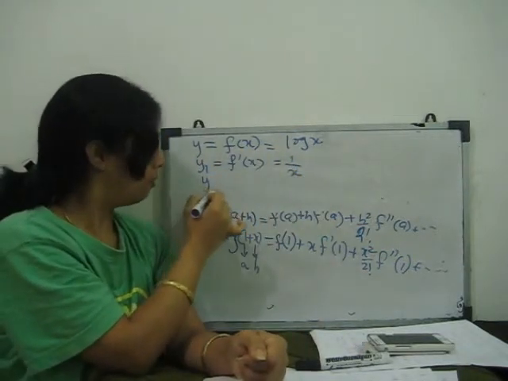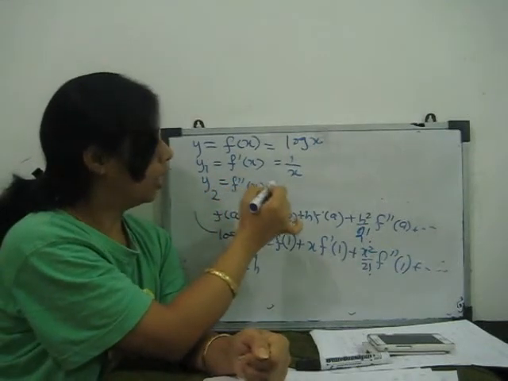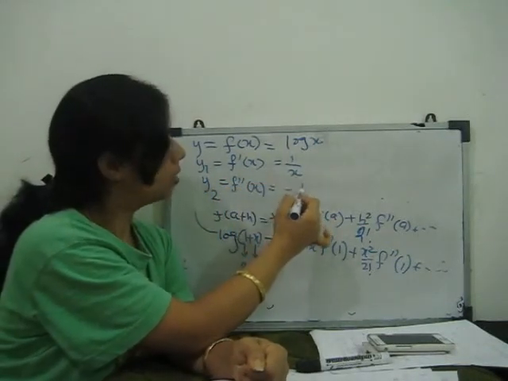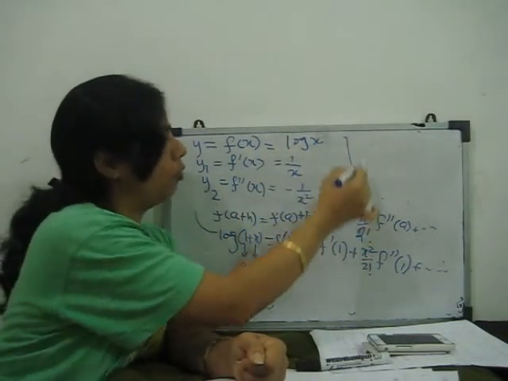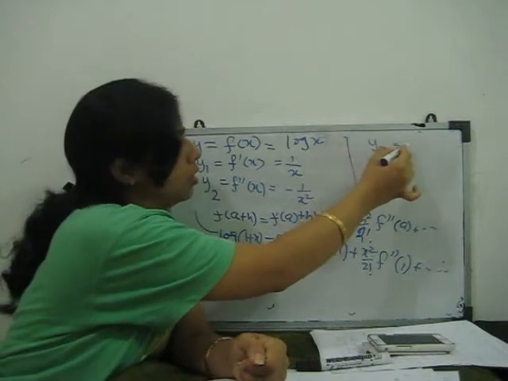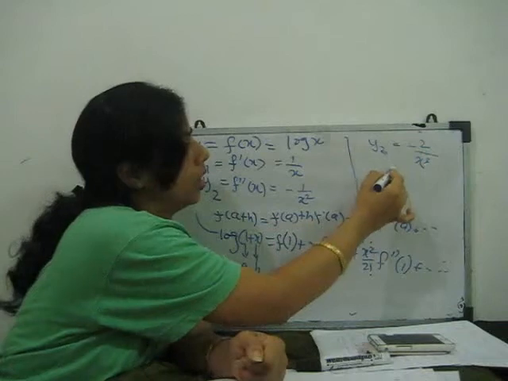Now y2, f double dash of x, is minus 1 by x square. And y3 is 2 upon x cube, and so on.